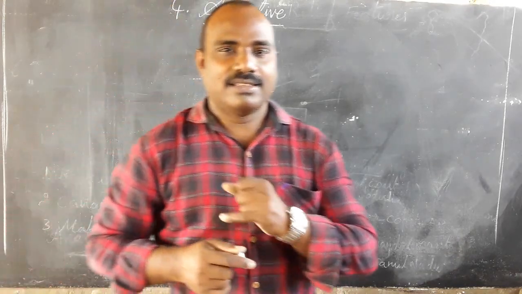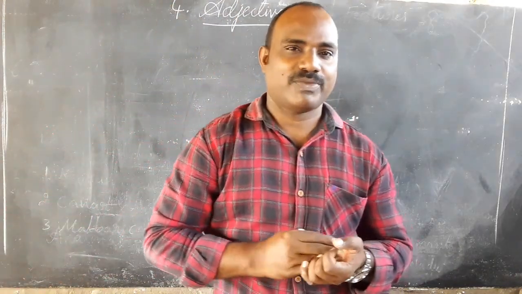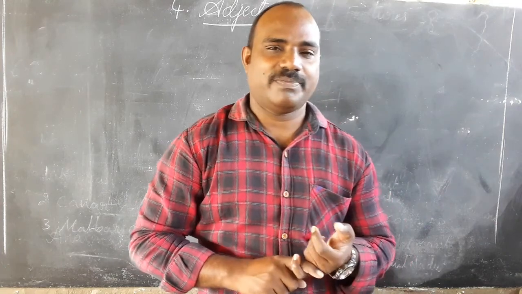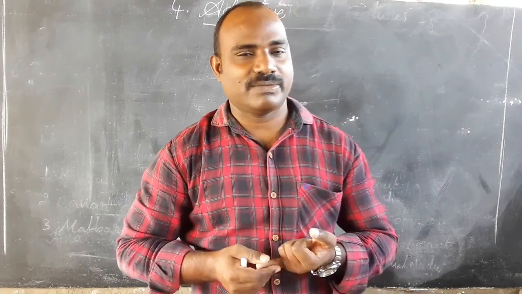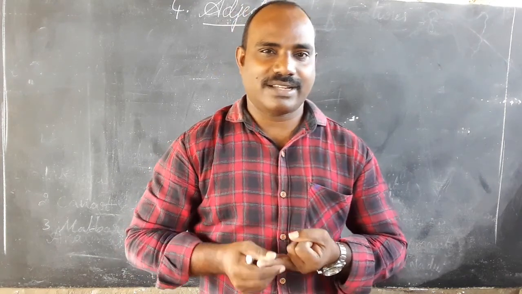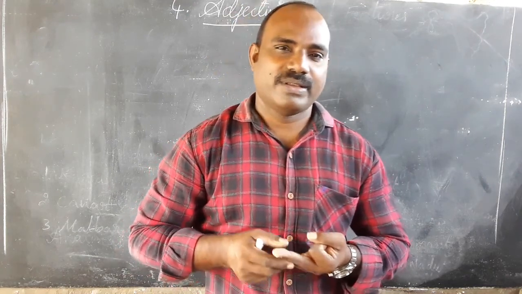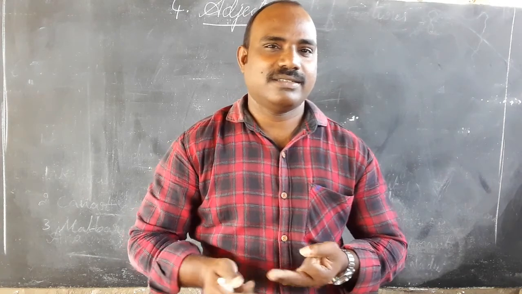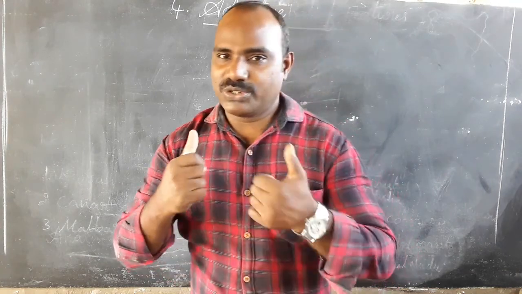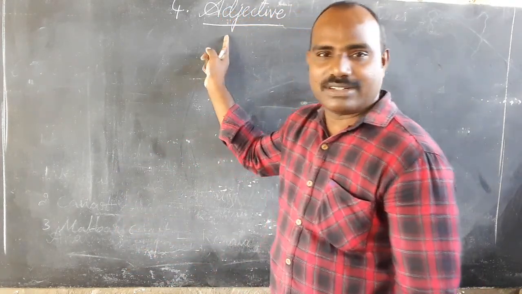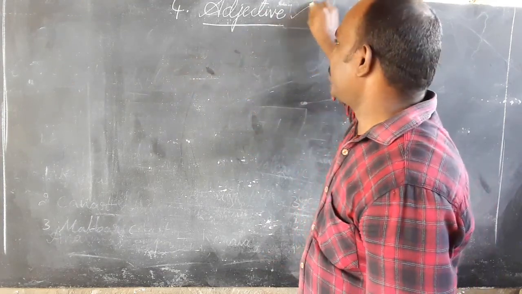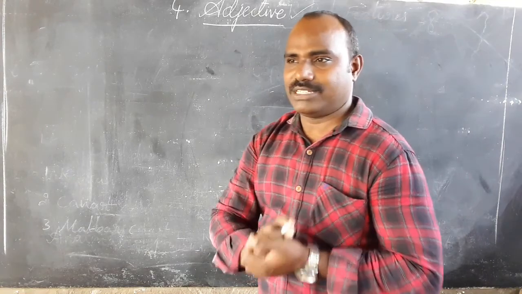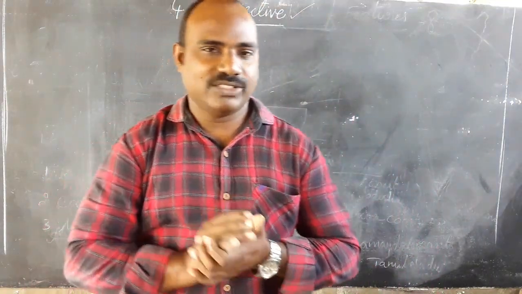In the last videos we have discussed noun, its kinds, examples, pronoun, its kinds, examples, verb, its kinds, some examples. So today we are going to learn the fourth type of parts of speech, adjective. First of all, what is an adjective?